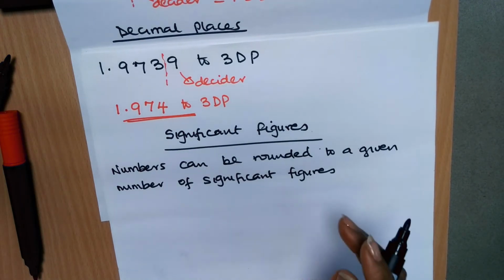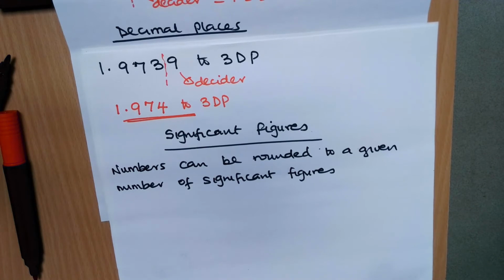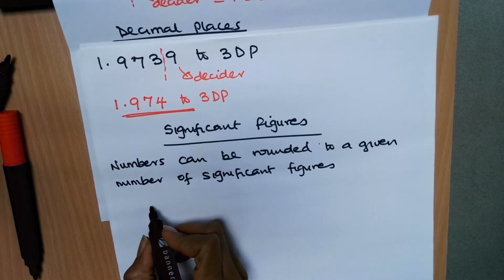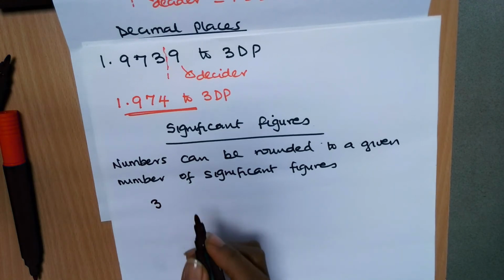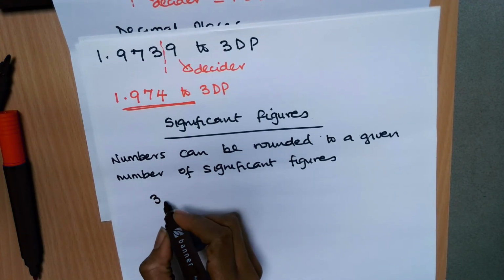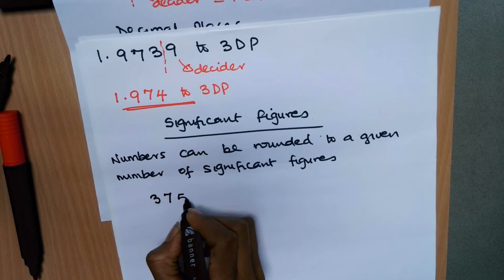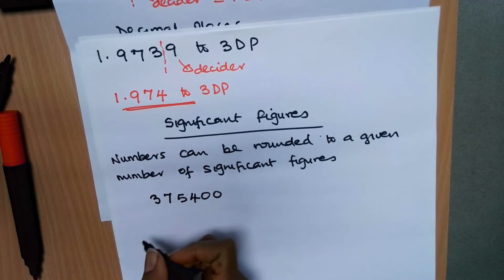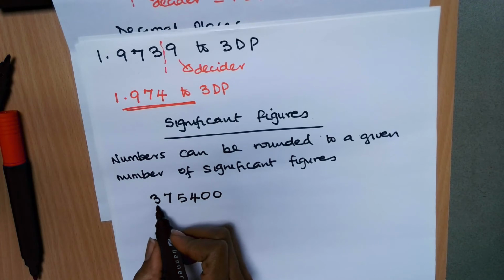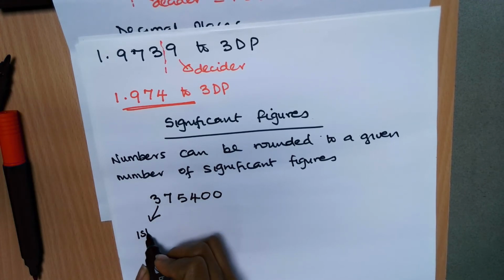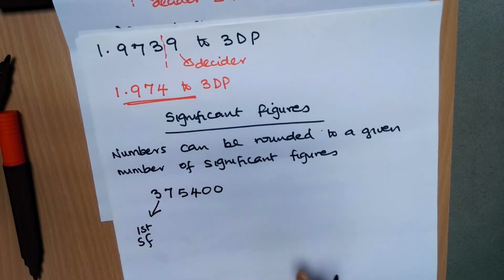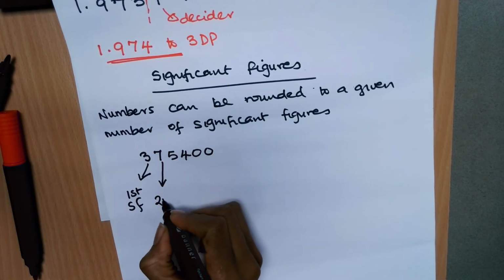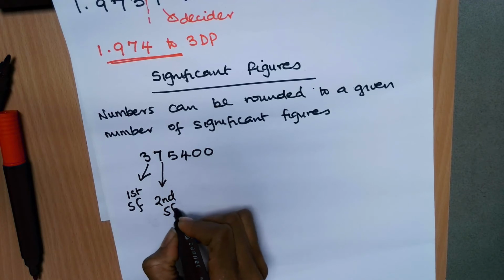Numbers can be rounded to a given number of significant figures. So let's look at these numbers. We've got 3, 7, 5, 4, 0, 0. So the first significant figure would be this. First significant figure. This one is the second significant figure.